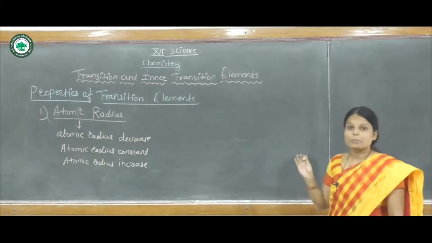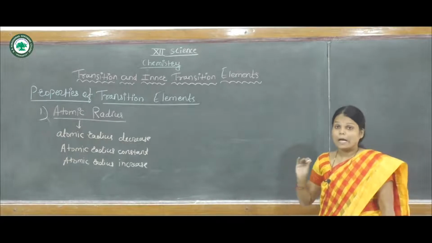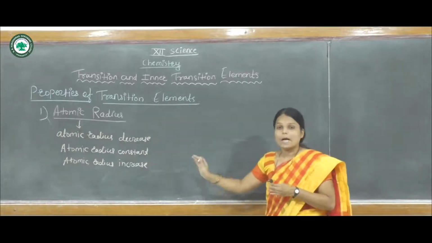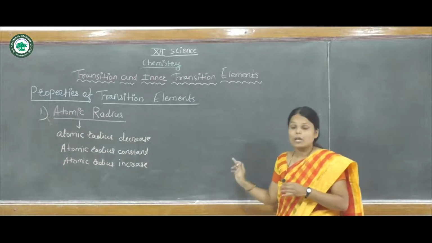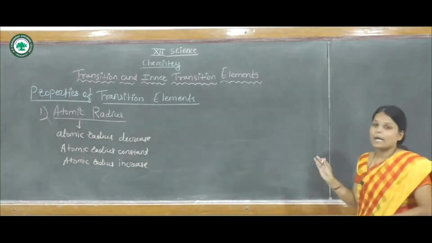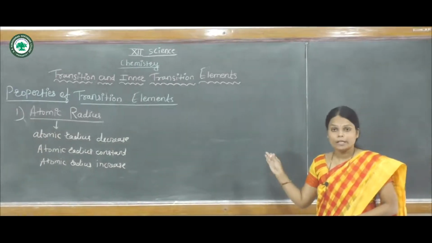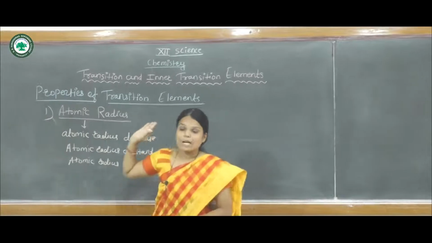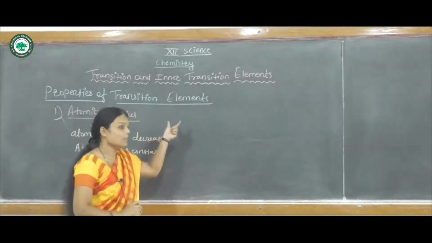Why is it constant? Because the nuclear charge increases and atomic number also increases. Then towards the end, the atomic radius increases due to the increase in nuclear charge and atomic number. This is the first property of the transition elements, atomic radius.